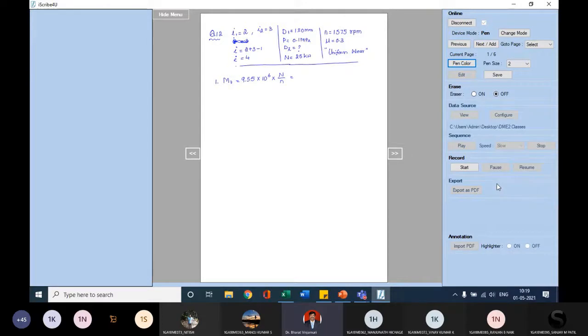N is 25 kilowatts, n is 1575. How much is the answer? 151587.3 Newton-mm. Right, I got this one.